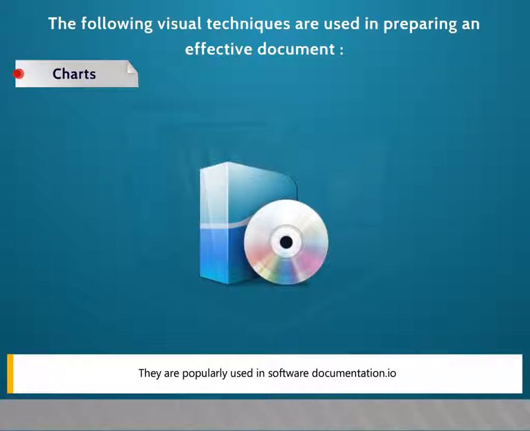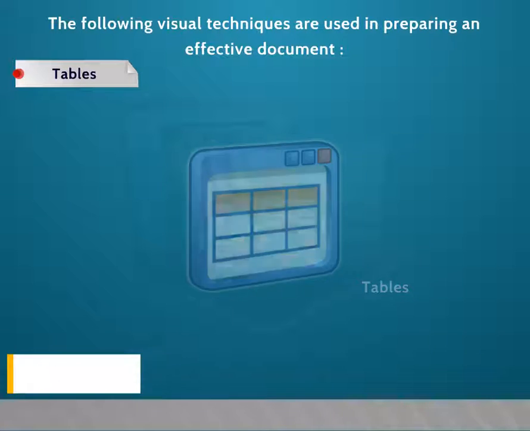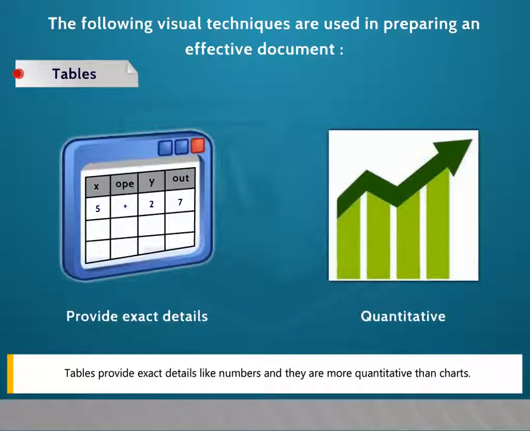They are popularly used in software documentation. Tables. Tables are used for quantitative analysis and give comparative information in a compact form. Tables provide exact details like numbers, and they are more quantitative than charts.